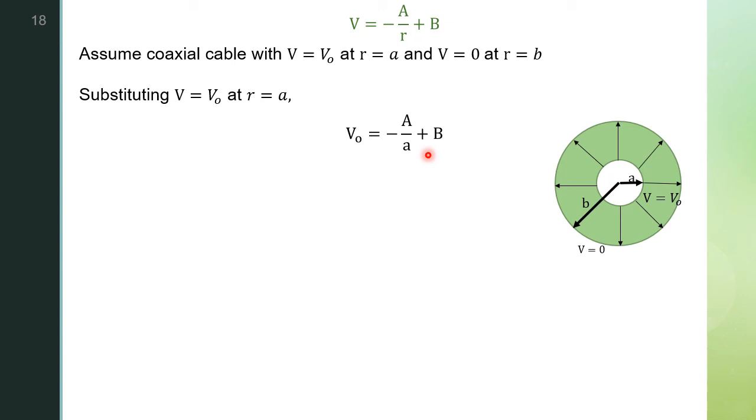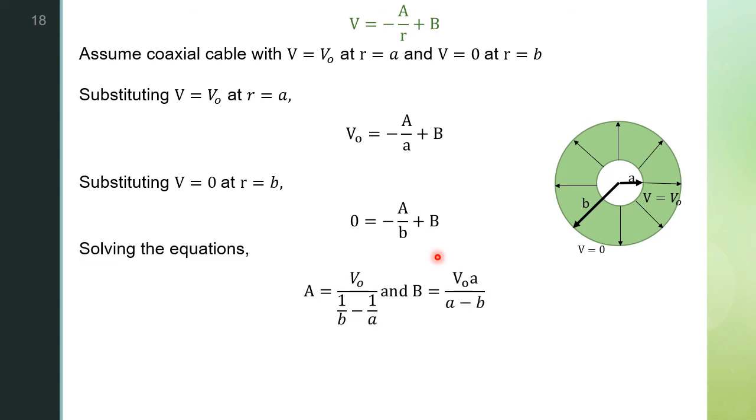The second condition is V equal to 0 at r equal to b, so we get 0 equal to minus A by b plus B. Solving these two equations to find capital A and capital B, we get A as V0 by (1 by b minus 1 by a), and B equal to V0 a by (a minus b).